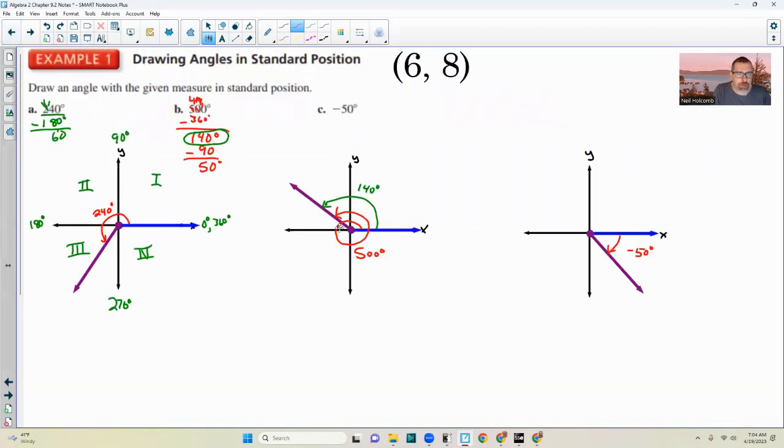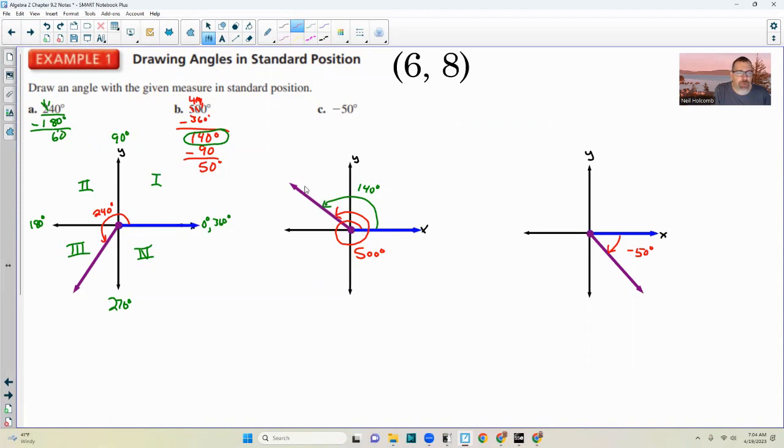So really there are 2 rays here, 2 terminal sides, rotating around 1 full rotation or 140 degrees first, and then 360, so 1 more rotation around after that. So what you could do is go 140 degrees and then go 360 more, a full rotation.